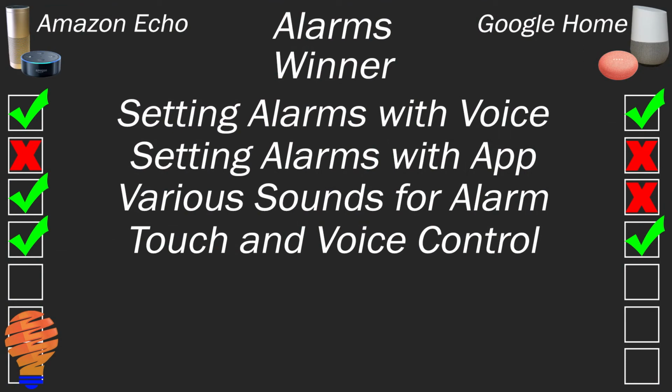Now it's pretty clear both devices, when we go and evaluate them, both of them can do touch and voice control of your alarms, and you can stop and you can snooze both of those alarm systems in both devices. So that's a pretty clear one.